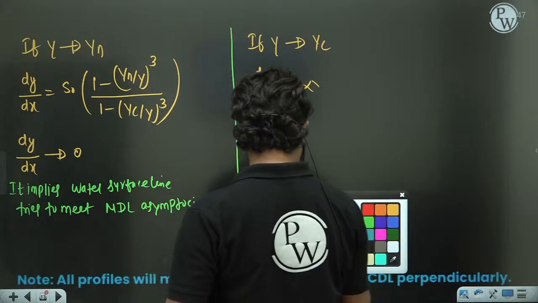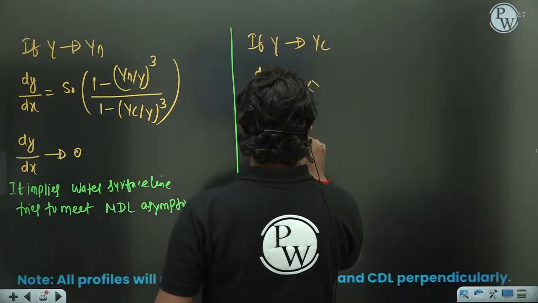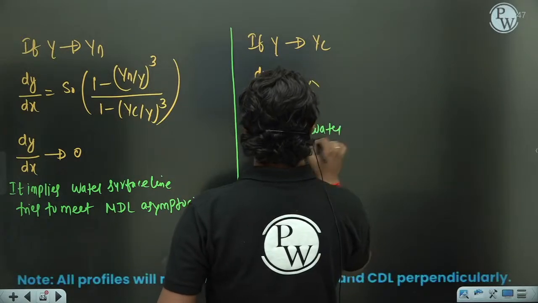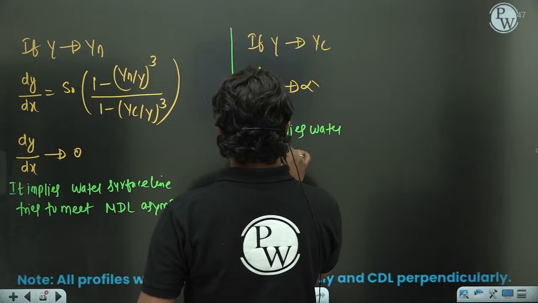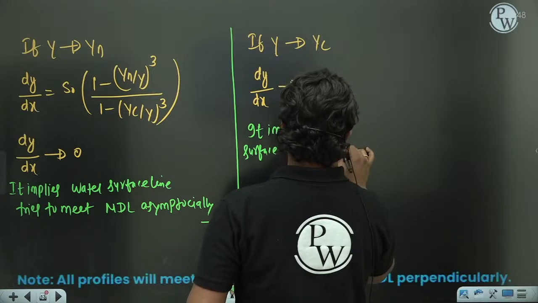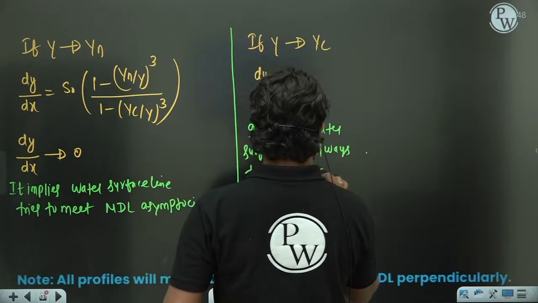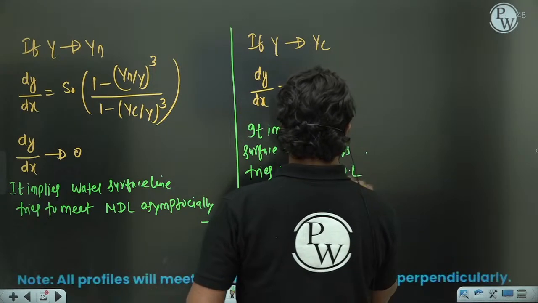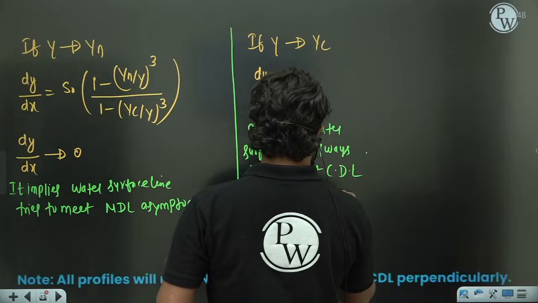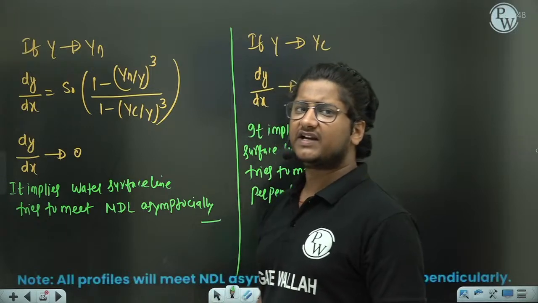That implies the water surface line always tries to meet the CDL line perpendicularly, because dy upon dx, or tan theta, is infinity. That means theta is equal to 90 degrees. Clear?